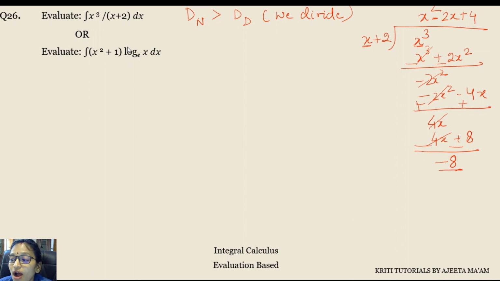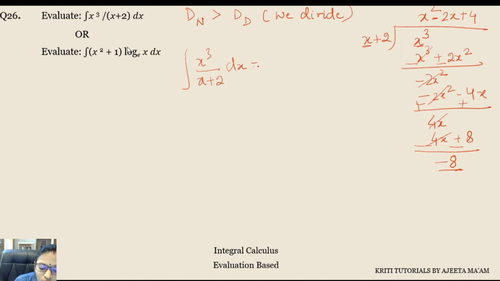Now what do we do after division? After division, we write in a format. What is that format? You have to write the given function. The given function here is x cube upon x plus 2.